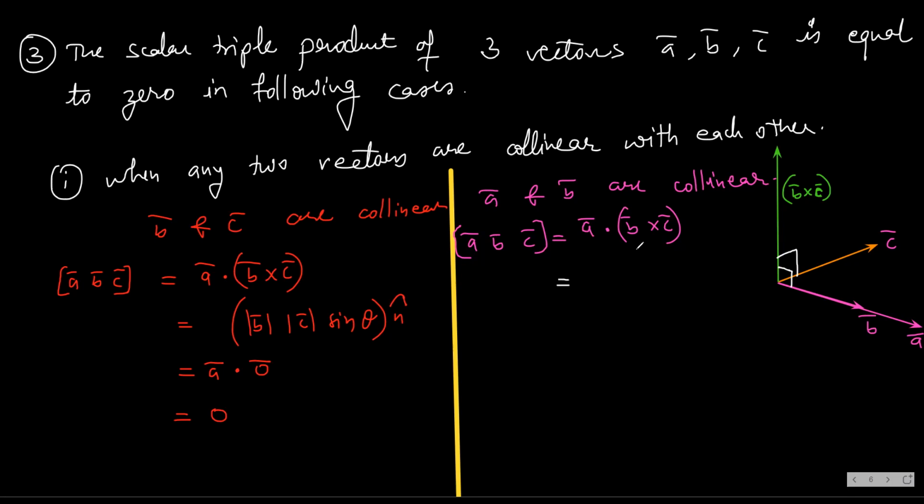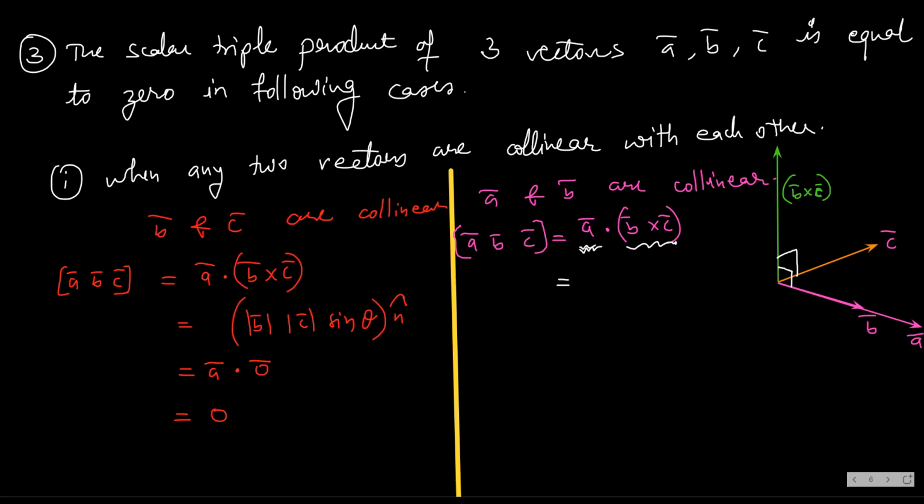So the angle between B bar cross C bar and A bar is 90 degrees. Now here you have A bar dot B bar cross C bar. The dot product of two vectors which have an angle of 90 degrees between them is equal to 0.